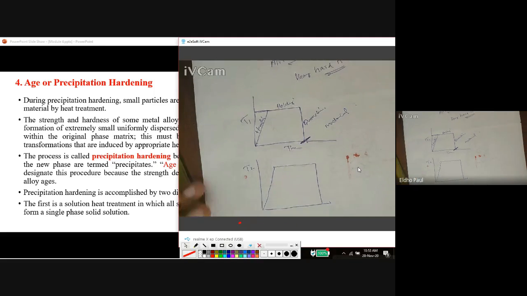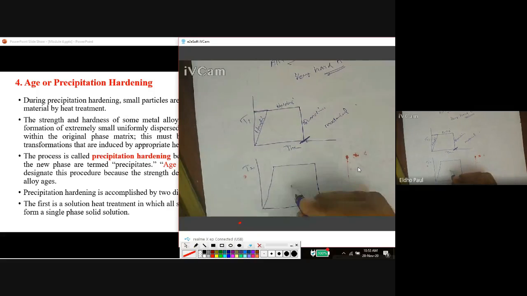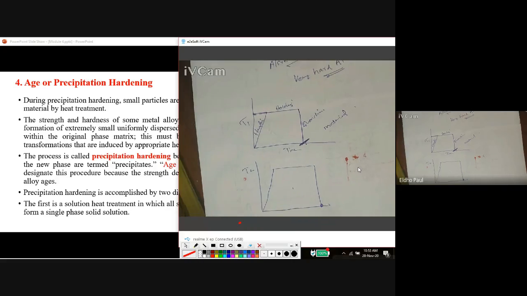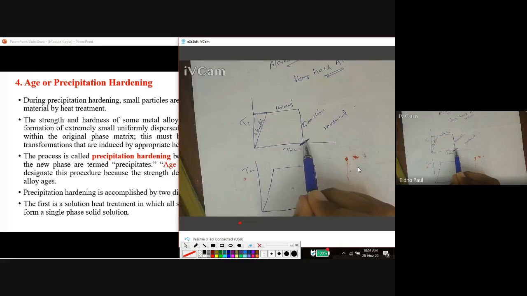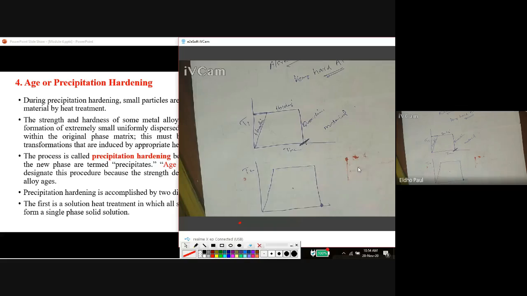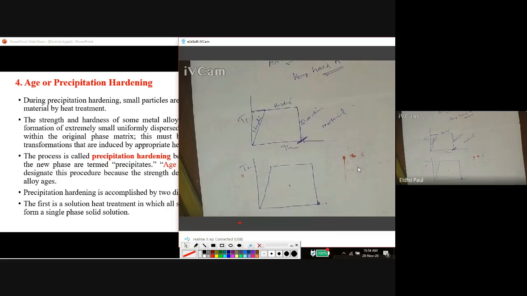But in this interesting story, after conducting this experiment, he did not test the final product. He went to celebrate the weekend. Earlier, immediately after quenching he tested the product, but here he did not test the product or measure hardness. He went to celebrate the weekend. Then after 2 or 3 days he came back and tested the specimen.